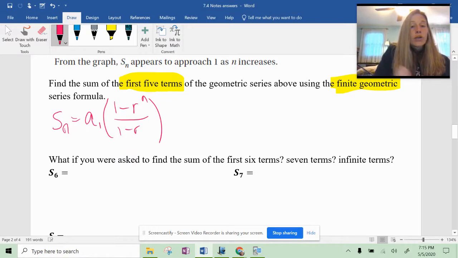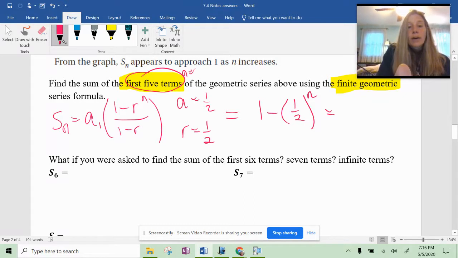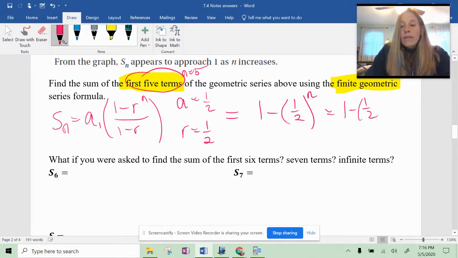Because my first term is 1/2 and that r value is also 1/2, when we substitute those numbers in, they're going to cancel. So you're just left with 1 minus 1/2 raised to n. If we're doing this for the first 5 terms, that n value is going to be 5. So I'm going to do 1 minus 1/2 raised to 5.